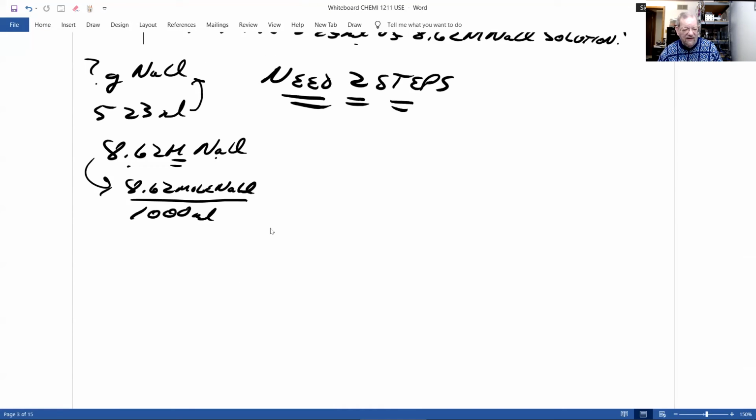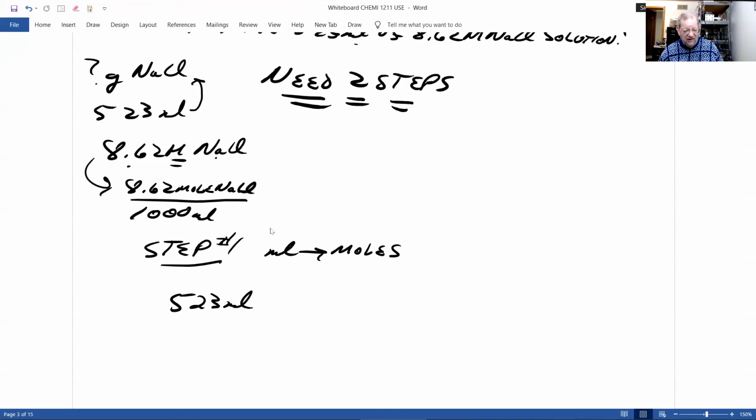So step 1, whatever we have in milliliters, in this case, 523 milliliters, we want to convert to moles. And what moles? Well, we're talking about sodium chloride.